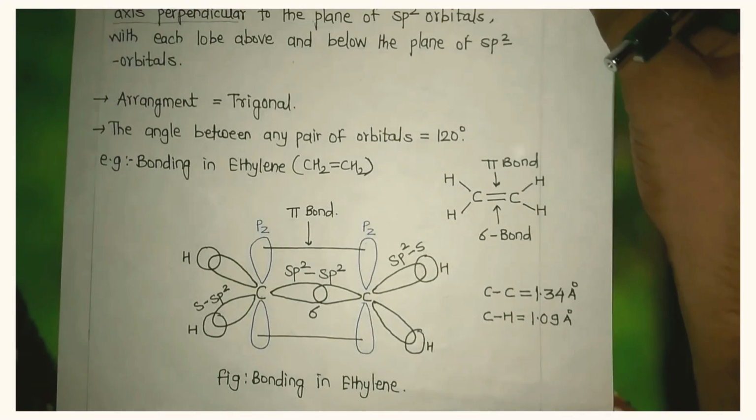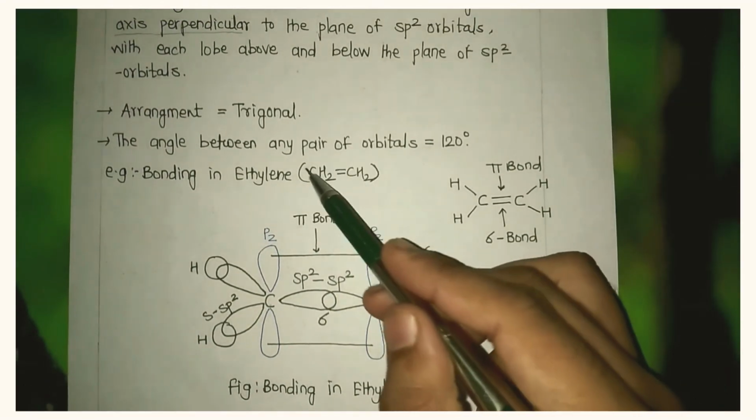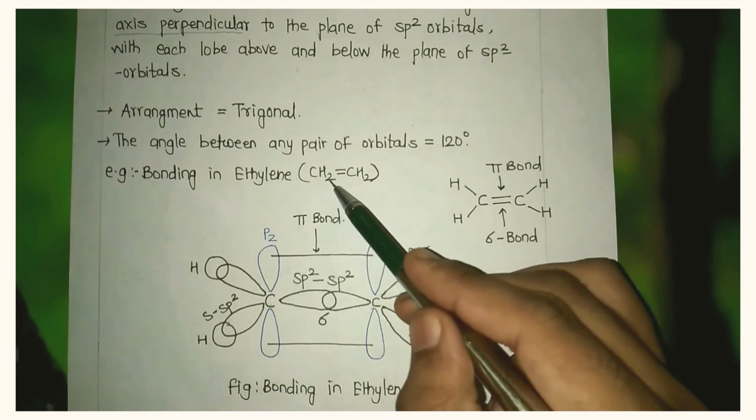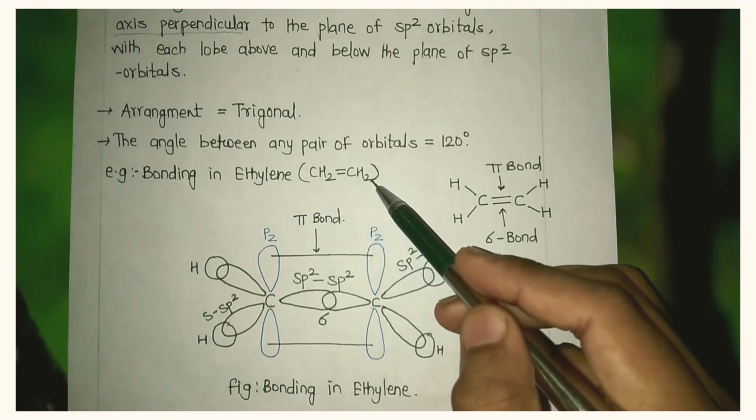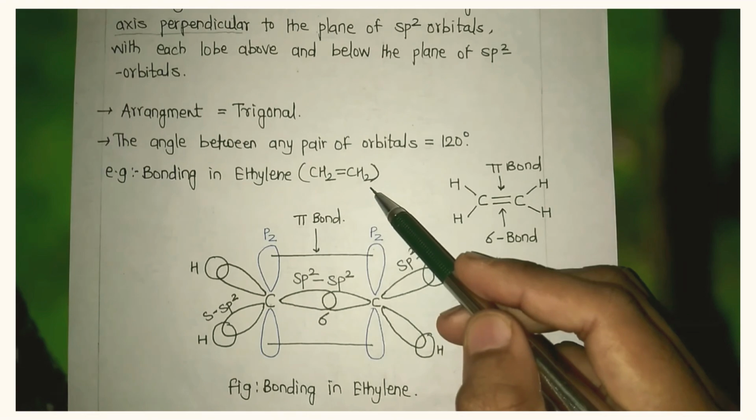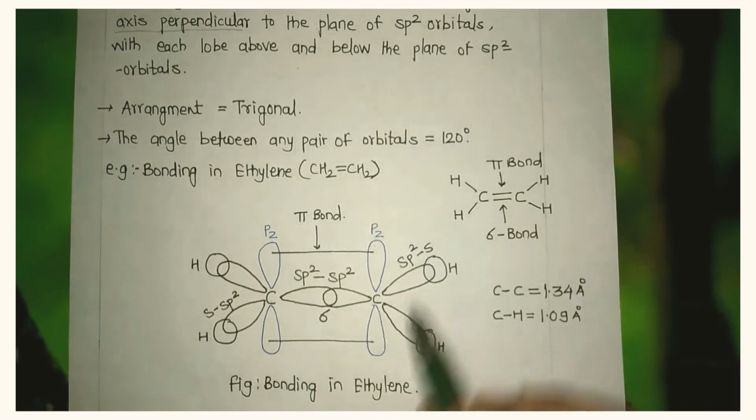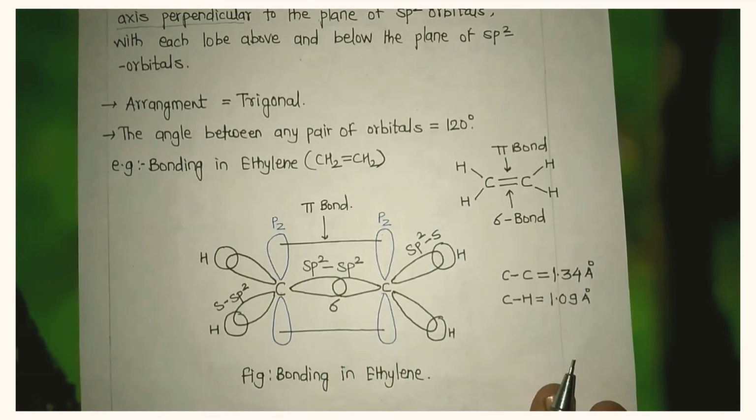We go for the bonding of ethylene. In ethylene, the molecular formula is CH2 double bond CH2, that is C2H4. Let's go for the bonding.